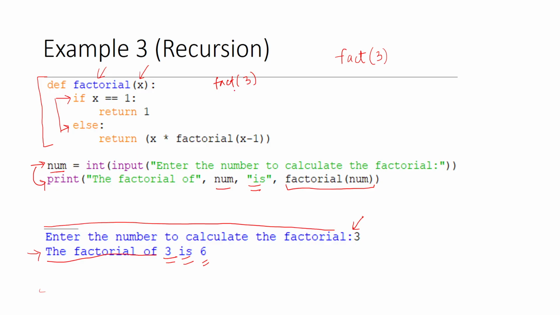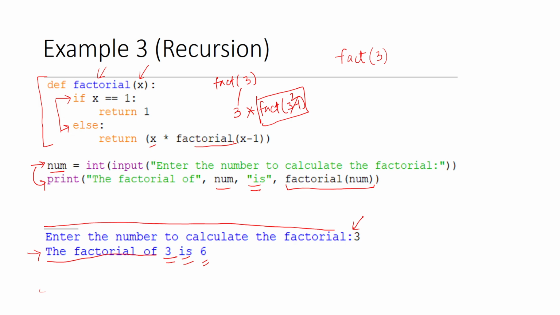It has x, which is 3, multiplied by fact of x minus 1, that is 3 minus 1, which is 2. Now there is another problem, which says that fact 2 should be known. I don't know fact 2.